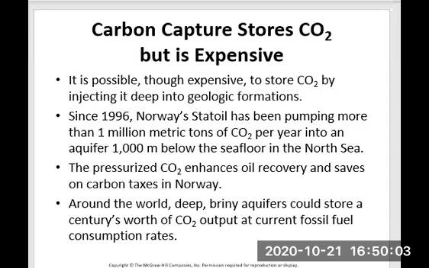Geological formations around the world could hold hundreds of years' worth of carbon dioxide at current production levels. These formations, however, are not necessarily near the sites where we now produce the carbon dioxide.